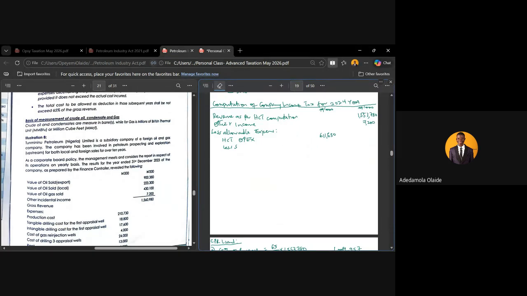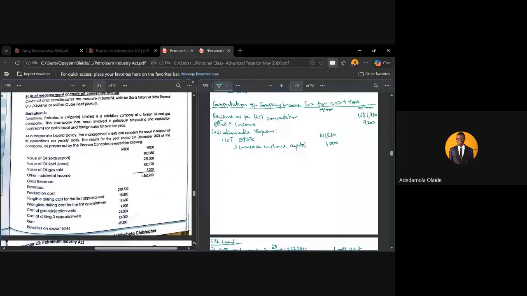Okay, we'll say less increase in share capital, we had 1,000. So we're adding it back to it because it has been deducted from it before. Okay, what else do we have?